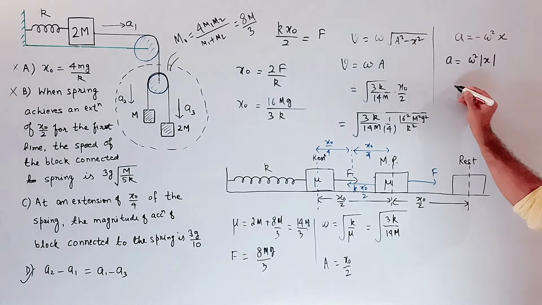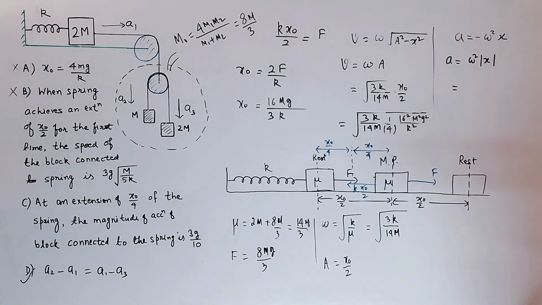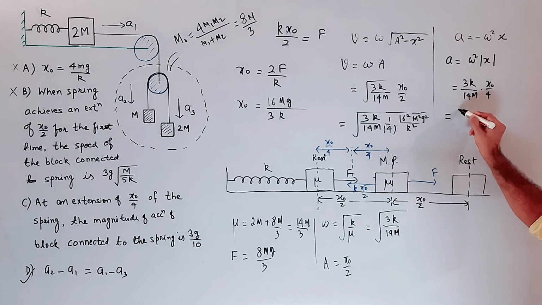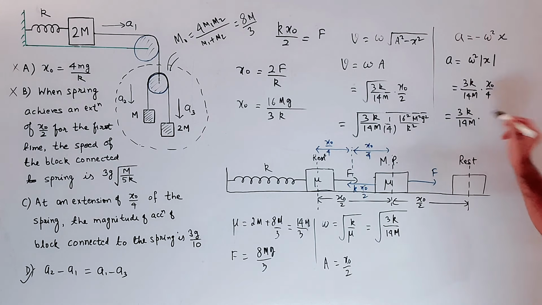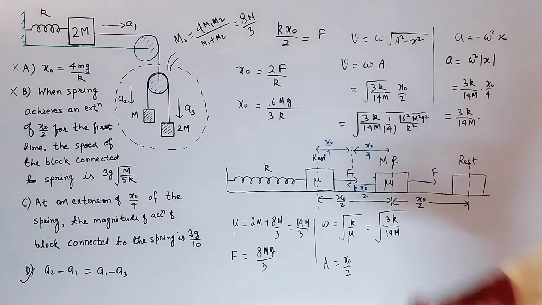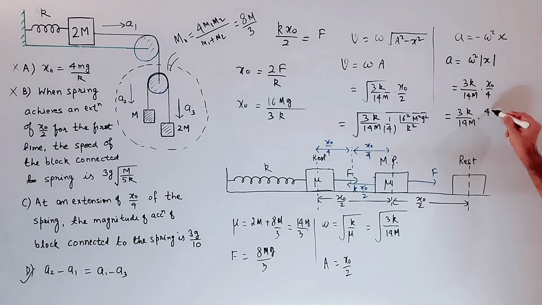So put it here, omega square is equal to 3k by 14m, and that x is x naught by 4, and put the value of elongation that we obtained. The elongation we obtained is this, so x naught by 4 is 4 mg divided by 3k.